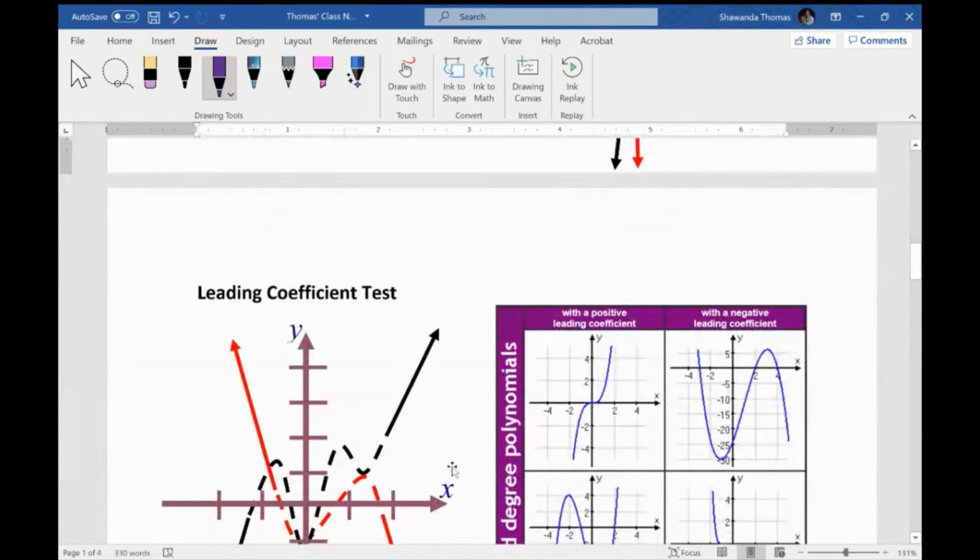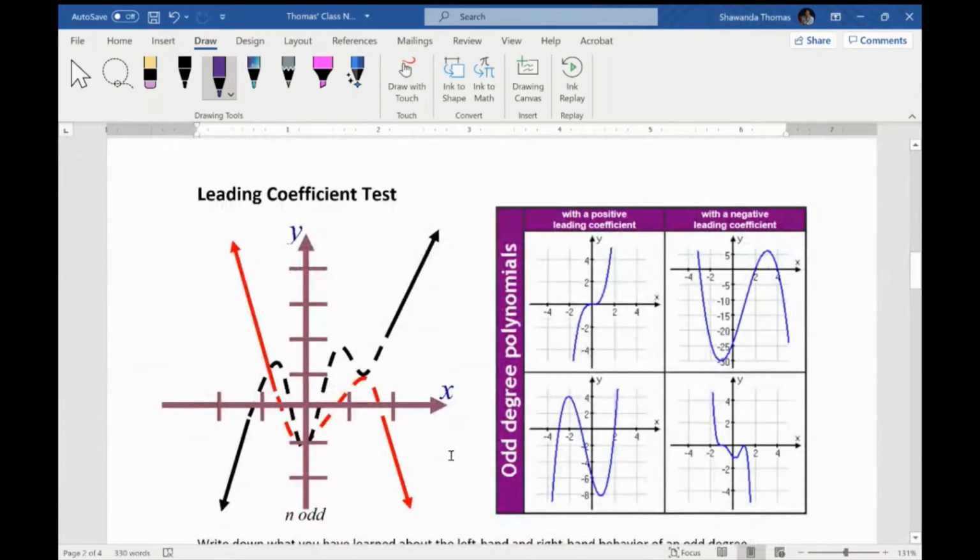Let's look at this little chart here. On the left side, we're talking about when n is odd, or when the degree is odd. It's going to resemble which function again if n was odd? Cubic. The cubic function. Very good. So if it was a positive leading coefficient, it's going to look like this, in blue here.